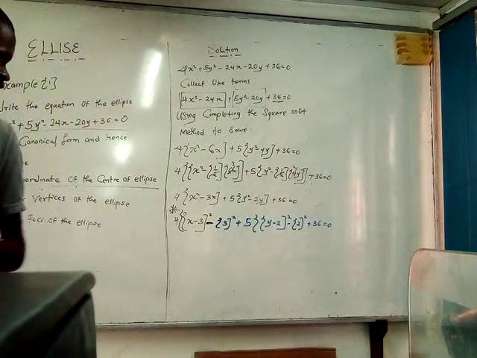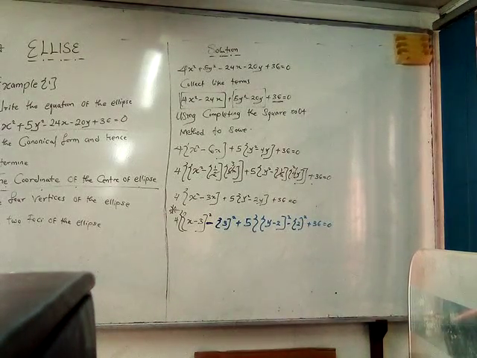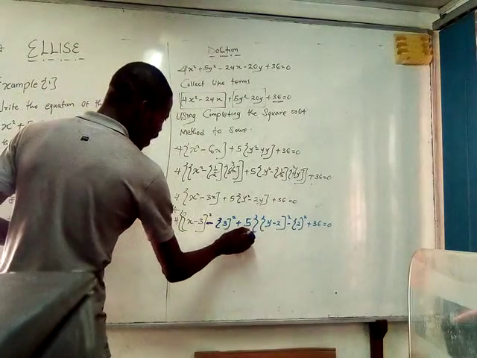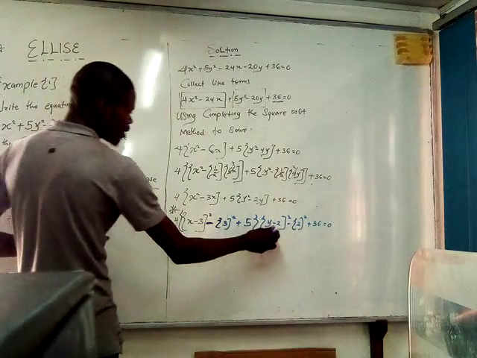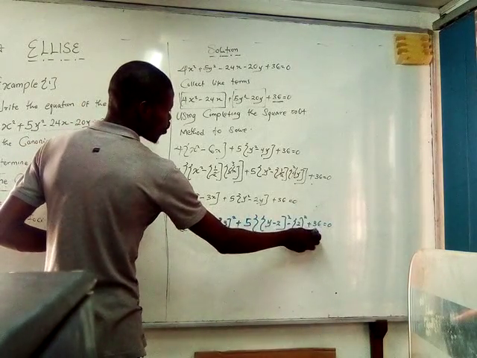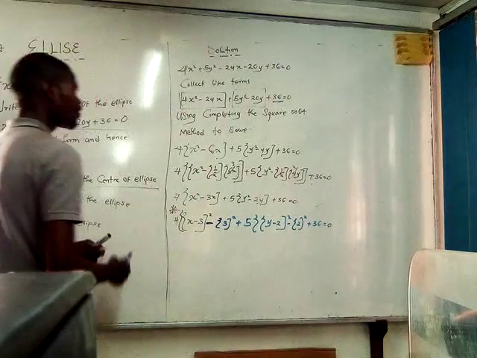So in the solving, we are having 4 open bracket x minus 3 close bracket square minus 3 raised to power 2 plus 5 open bracket y minus 2 close bracket square minus 2 raised to power 2 plus 36 equals 0.